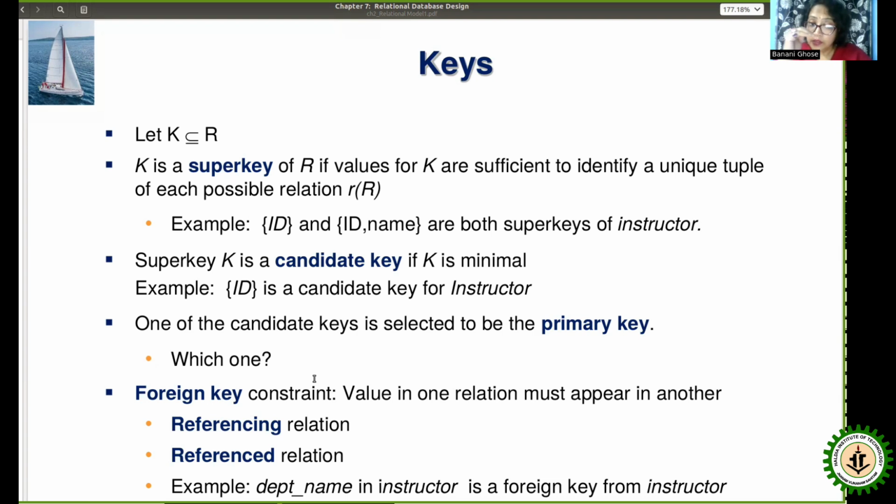In the former table it will be called the foreign key, and the table in which it is the primary key, it will be creating the connection between these two tables. So one will be called the referencing relation and one is called the referenced relation.